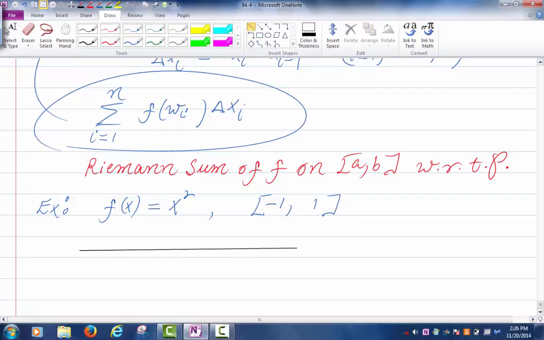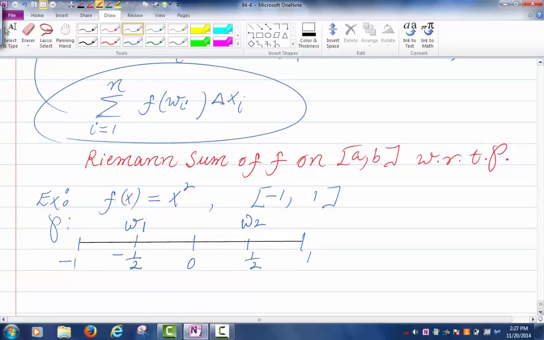I am going to divide this interval into only two subintervals. So my partition P is very simple. In each subinterval I'm going to pick a point: here I pick W1 to be negative half, and here W2 to be a half.